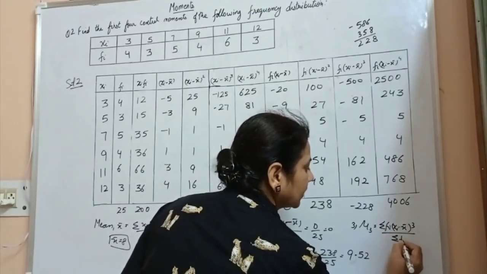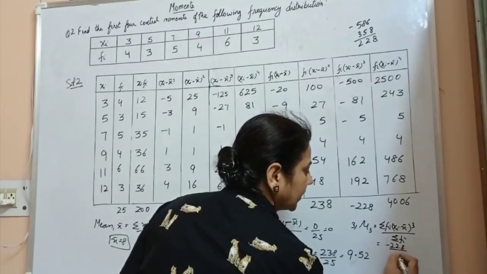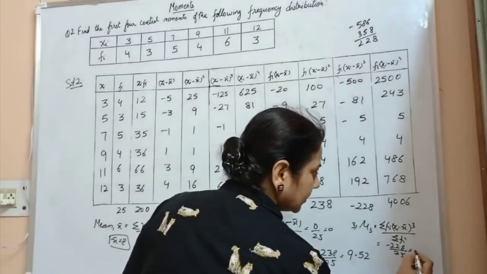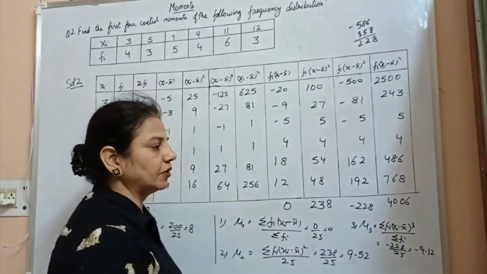Then mu3, the third central moment, is sigma fi xi minus x bar whole cube upon sigma fi, which means minus 228 divided by 25. This gives me the result as minus 9.12.